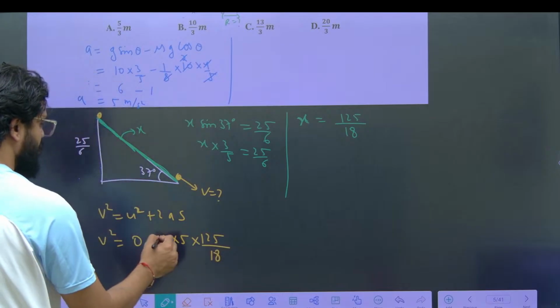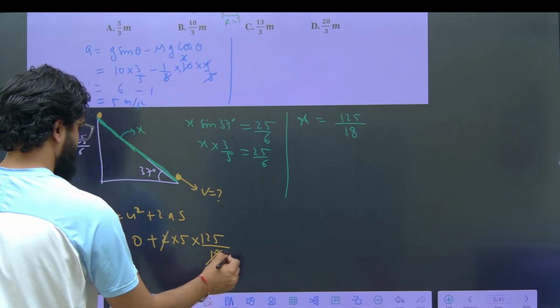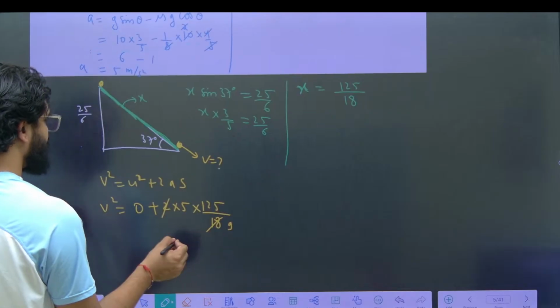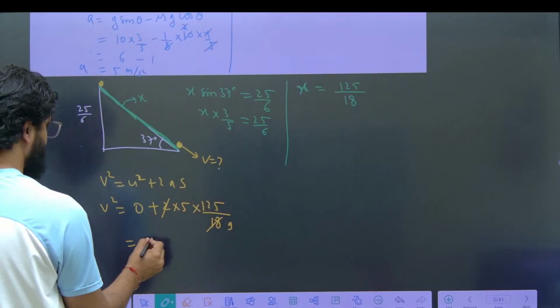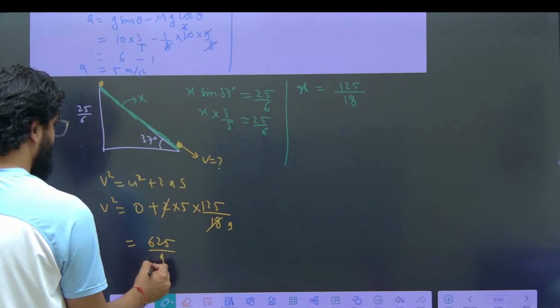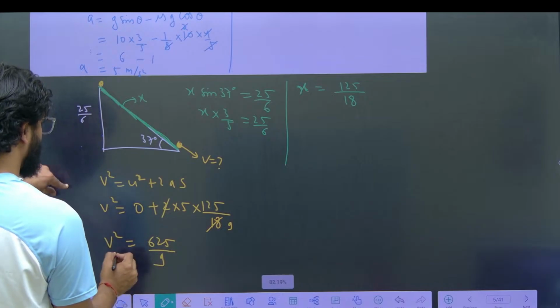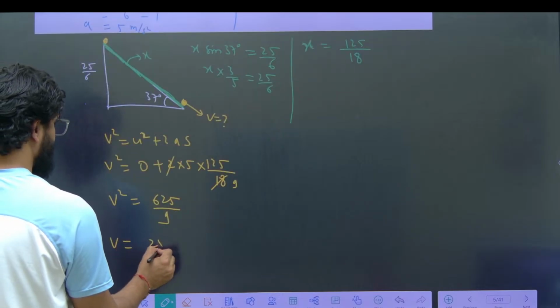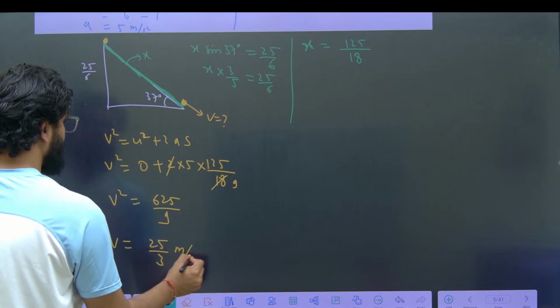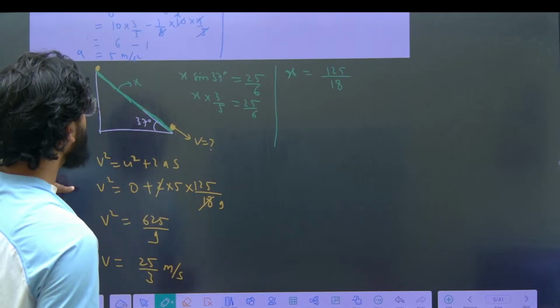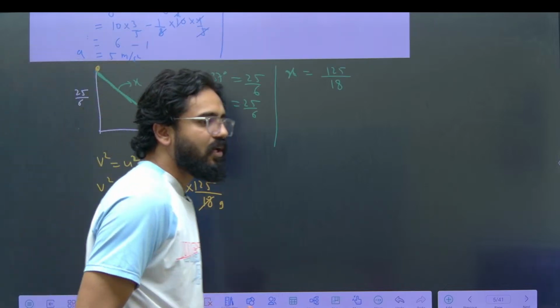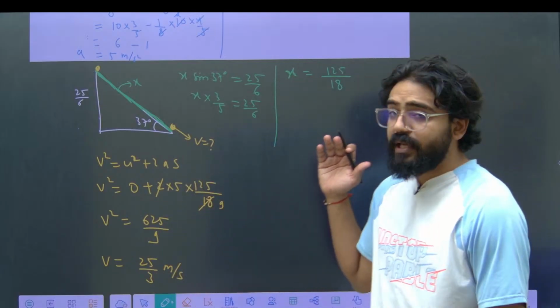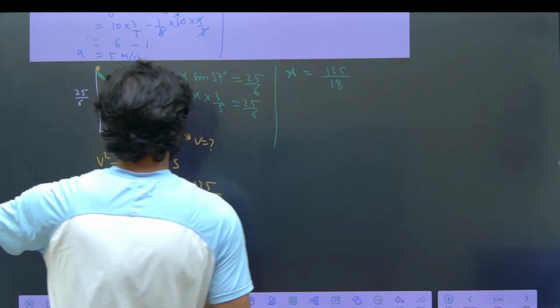So there is no hope, but actually there is hope because it is becoming 625 by 9. So V will be, wow, a nice value, 25 by 3 meter per second. Correct. So if V is this, then the height of the tower is 10 meter, if you can see it clearly.